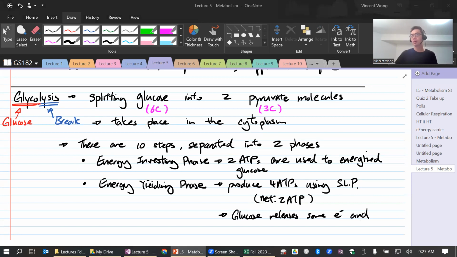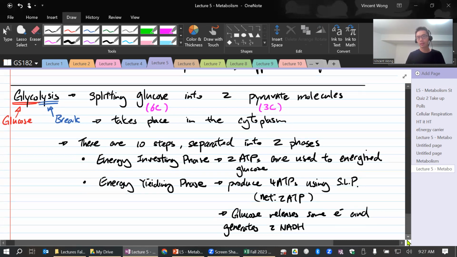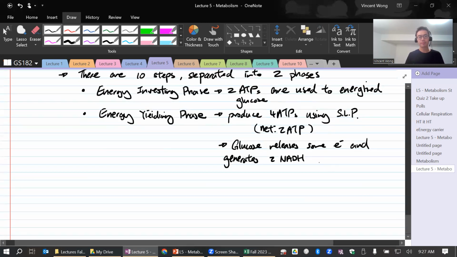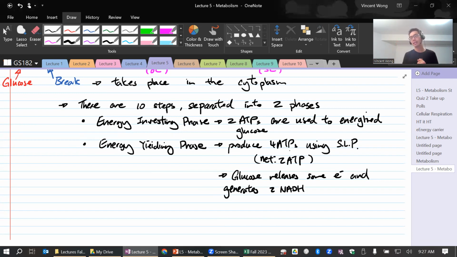So of course we catch them with NAD plus and generate 2 NADH. So that's what happens. In the energy yielding phase, we produce net 2 ATP. We also produce some NADH.